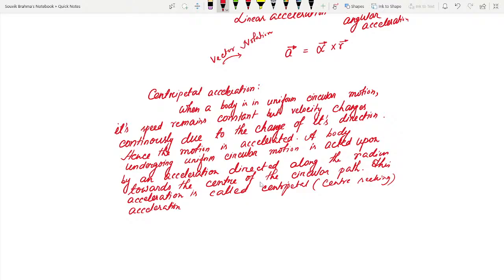This acceleration is known as centripetal or center seeking. Okay, correct.